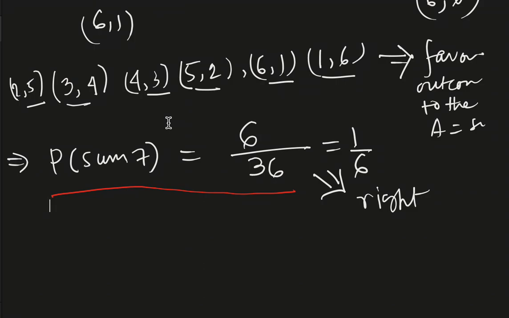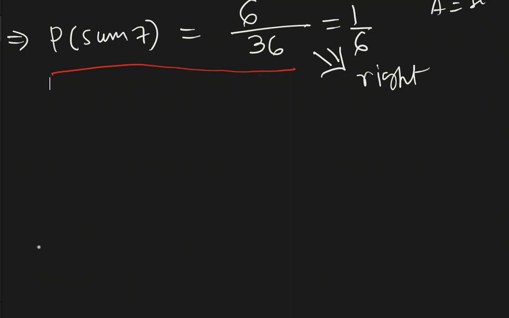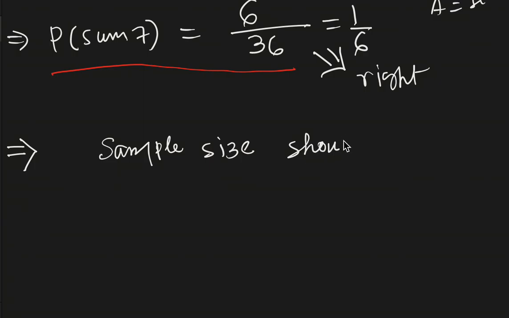Now I will give another problem in which we can clearly see the caveats in the classical definition of probability. One of the caveats is that in the classical definition, my sample size should be finite, right?